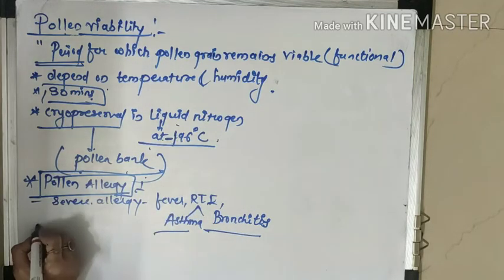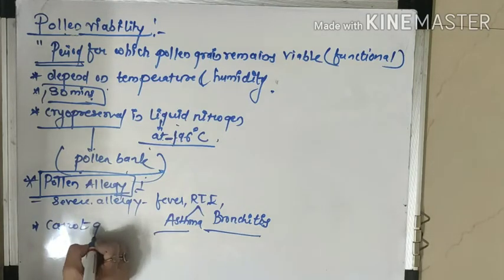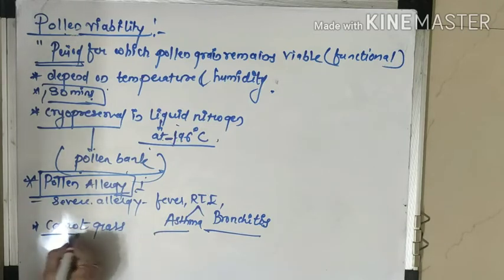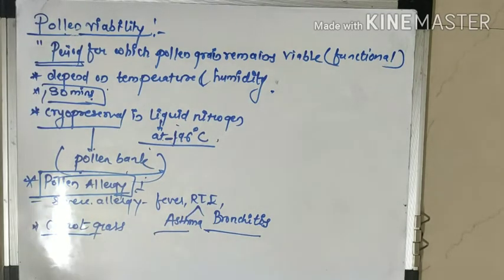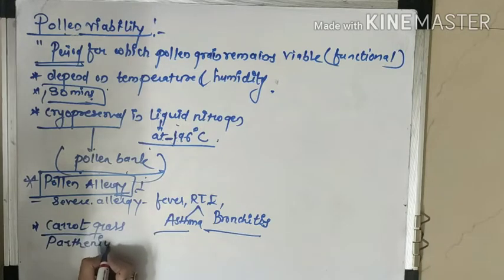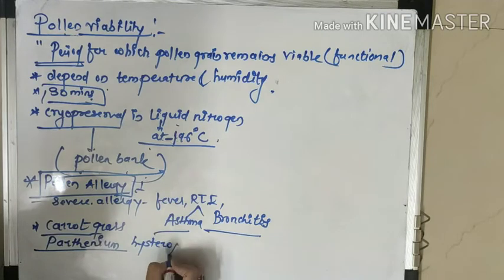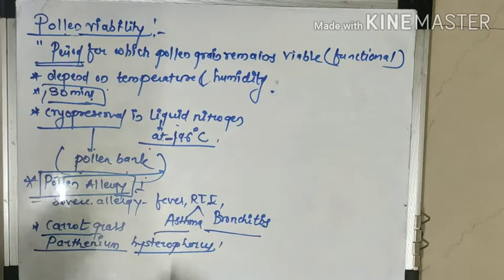Okay, you know carrot grass. The scientific name of carrot grass is Parthenium hysterophorus. Parthenium hysterophorus is the scientific name of carrot grass, and this is a major source of pollen grain.